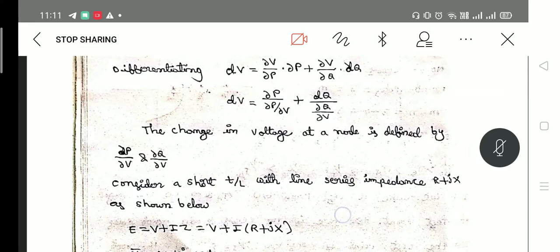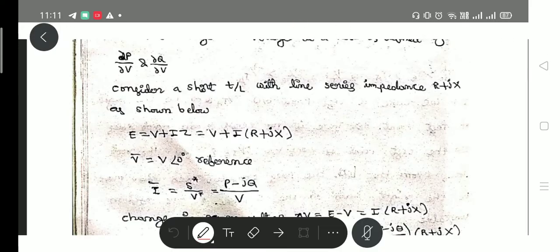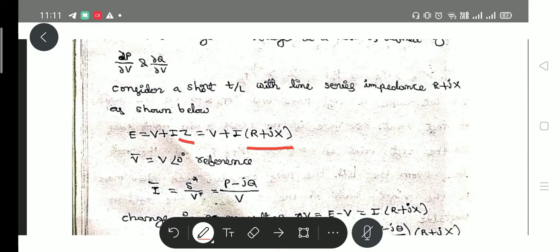So first we take E is equal to V plus IZ. We know the formula E is equal to V plus IZ, no? In that, Z is equal to R plus jX. Z value is R plus jX. We know the formula, all of you. So from this, I is equal to apparent power by voltage.